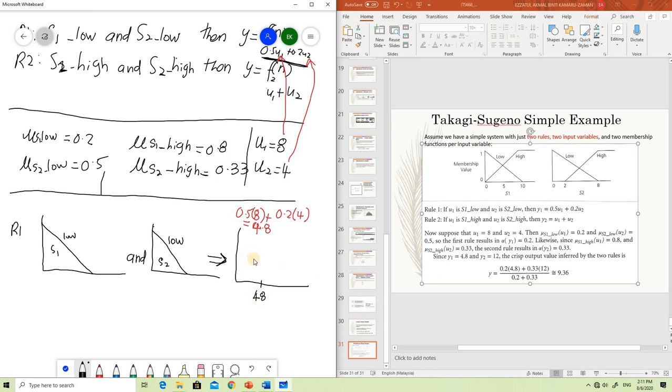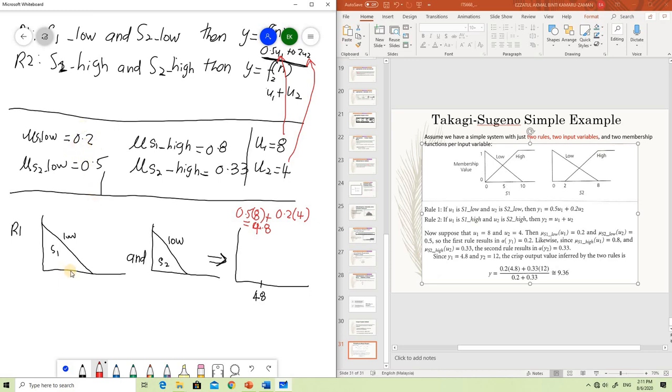Okay, and then what about the value of the degree of membership here? How are we going to know the degree of membership here? In here it is said that for y1 the degree of membership is 0.2, but it does not show how the calculation is being made. So what we have to do is take a look at the values of the degree of membership given here.